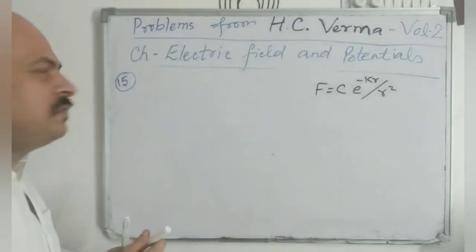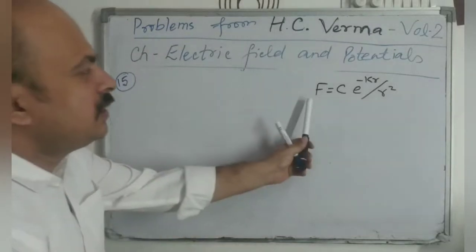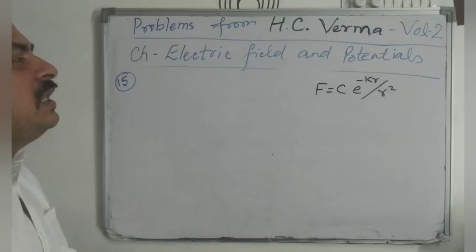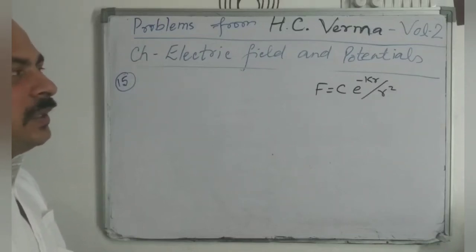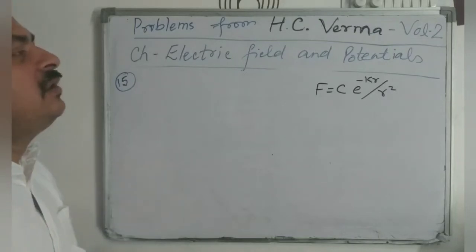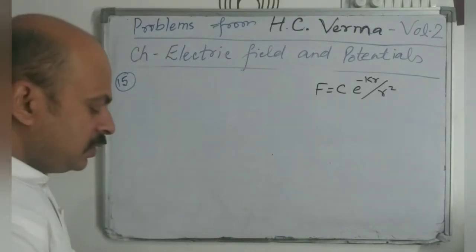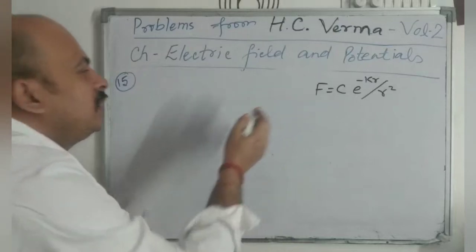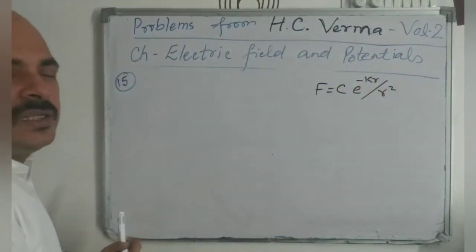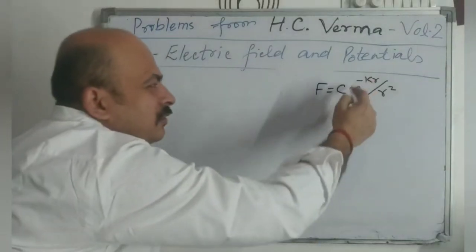Now question number 15. In this expression, F is equal to C e to the power kr upon r square. We have to calculate the dimensional formula of C and k. So let's start. As we know, e to the power anything is dimensionless, so there is no dimension of that value.